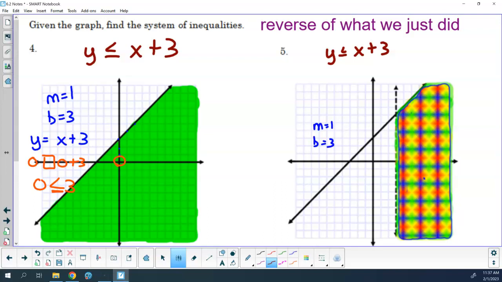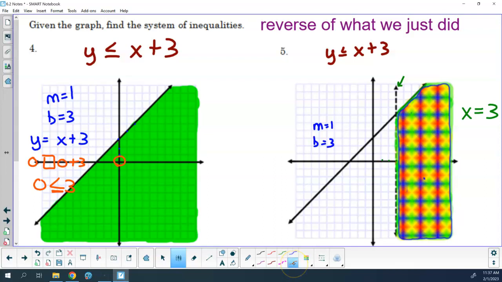Okay? Then I've got to look at this line right here, a vertical line. So that is an x equals line. And that's at 1, 2, 3. So it's x equals 3.